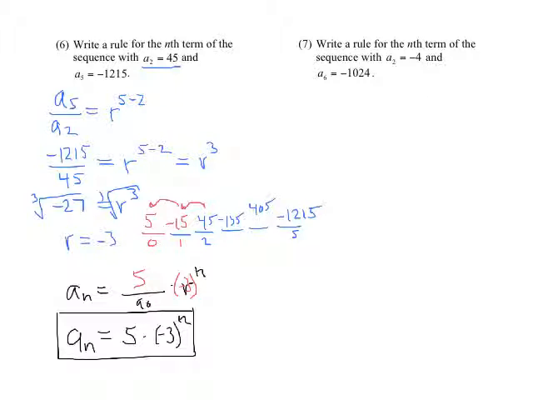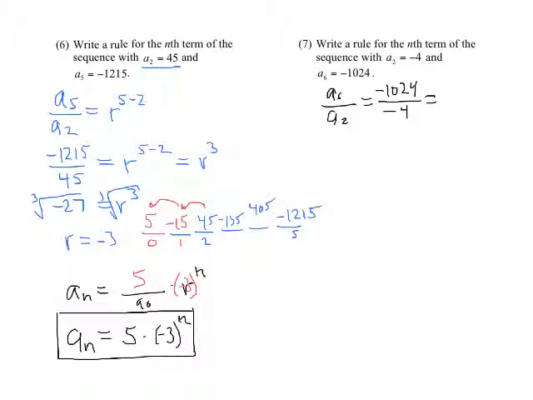If we repeat these steps with question number 7, here A2 is negative 4, and the 6th number in the list is negative 1,024. And so if I take those numbers, A6 and A2, and divide them, that's negative 1,024 divided by negative 4.